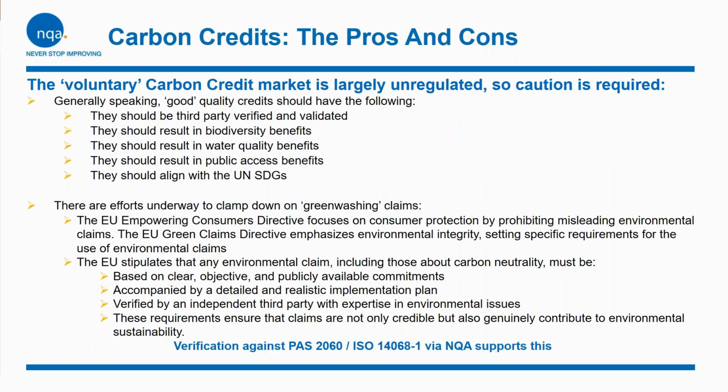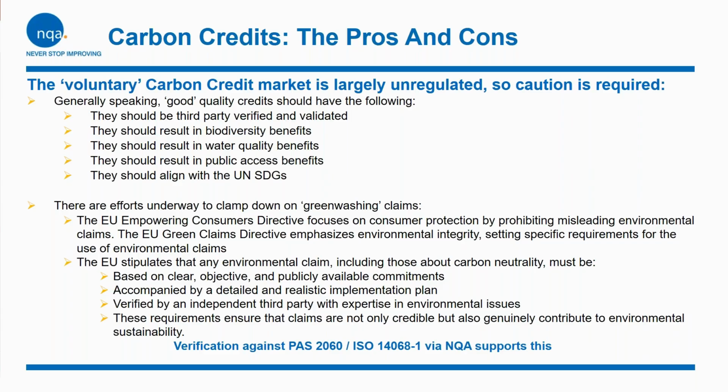So the voluntary carbon credit market is largely unregulated, so caution is definitely required. Generally speaking, good quality credits should have the following. They should be third-party verified and validated. They should result in a biodiversity benefit. They should result in water quality benefits.